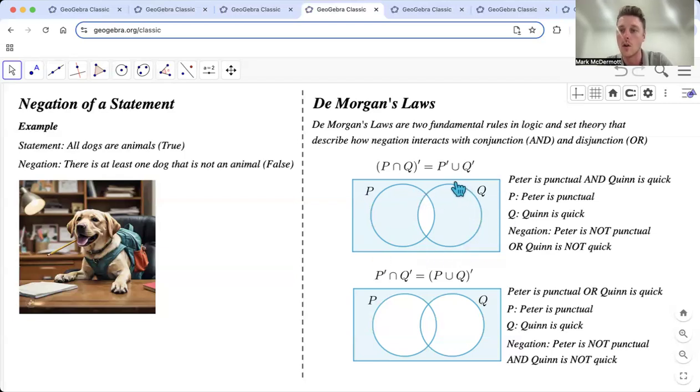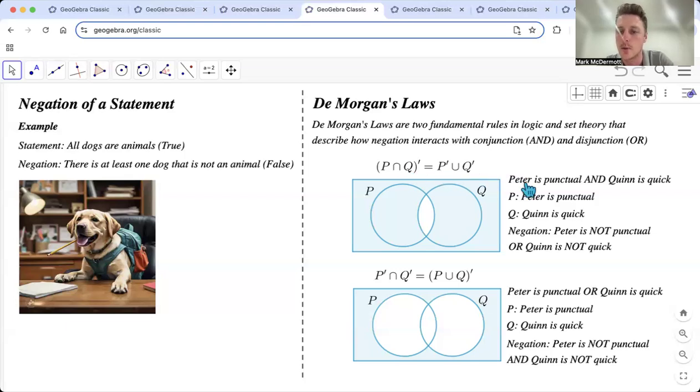And then, or, we're adding on not Q. That would be everything inside P, not including the inside, and then everything on the outside, right? You can get a pen and paper out and draw it out if you need to, but not (P and Q) is the same as not P or not Q.